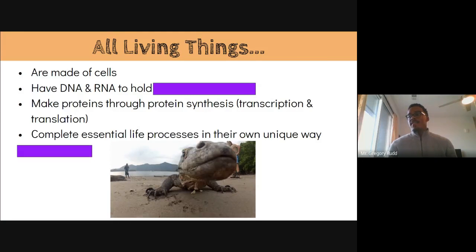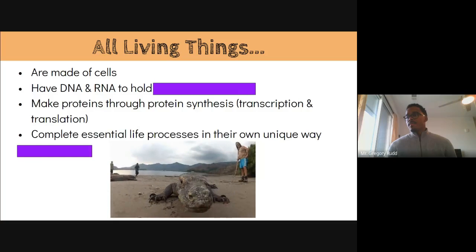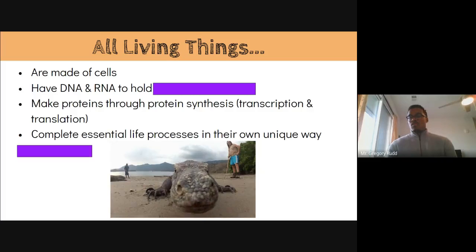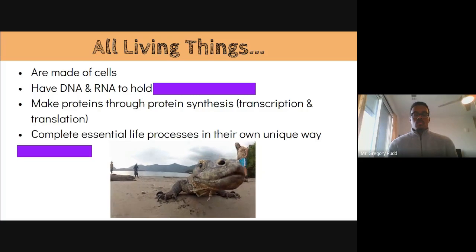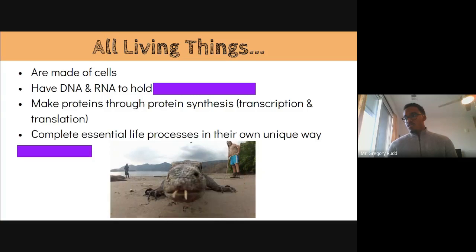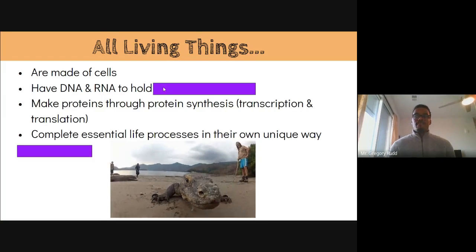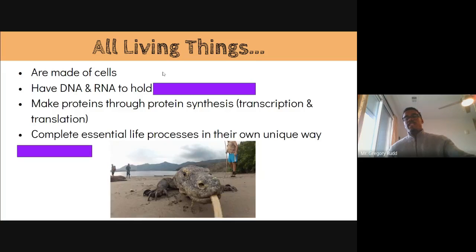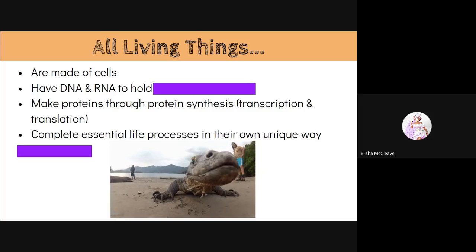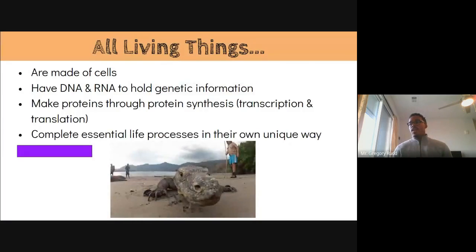All living things have DNA and RNA to hold what? What does DNA and RNA hold? What does it store? Genetic code. Thank you, Alicia. Genetic information, or the genetic code.